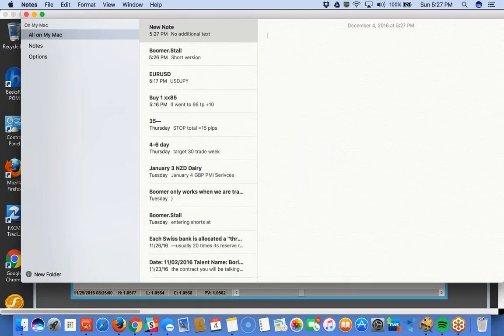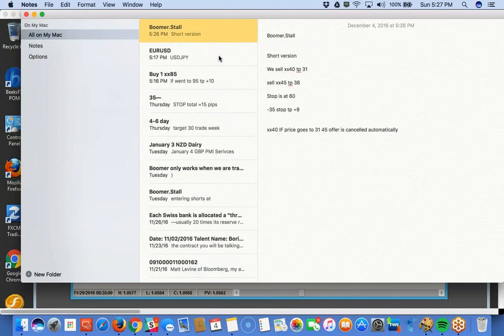Now let me just rephrase this. This is how I traded. You are welcome to use any of these ideas. You're welcome to use the original boomer stall, or the original boomer classic. You can do any of those things, and I will show you how to set up each one of those in your EA, and I'll even save them as templates and put them up into our shared Dropbox, so you guys can download the templates for each one.